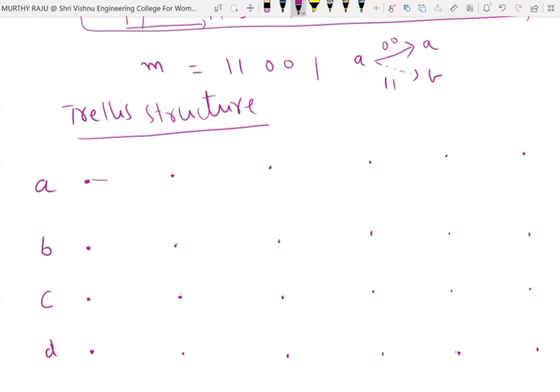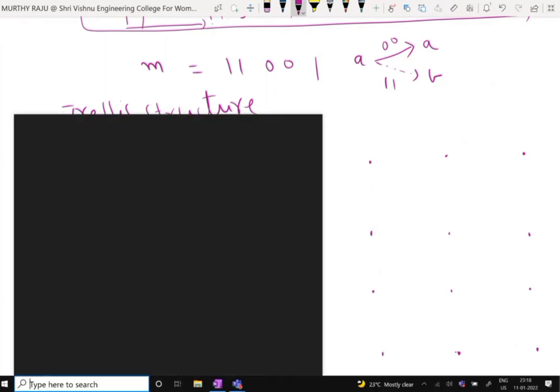Here you are in state A. Input bit is 0. That means solid line. Output is 0, 0. State A. Another option is input bit is 1. Output is 1, 1. See the another option. Here in the second level, this is the J is equal to 0, L is equal to 0 level.